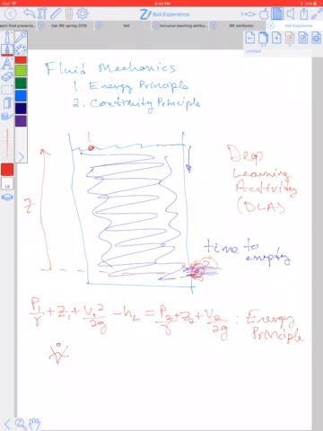The equation for the volumetric flow rate, and this is the continuity principle, is equal to the area of the hole, so like if I could get the diameter of that hole and calculate the area using pi r squared, times the velocity. And so the volumetric flow rate at point 2 is equal to the area of the hole at point 2 times the velocity at point 2.